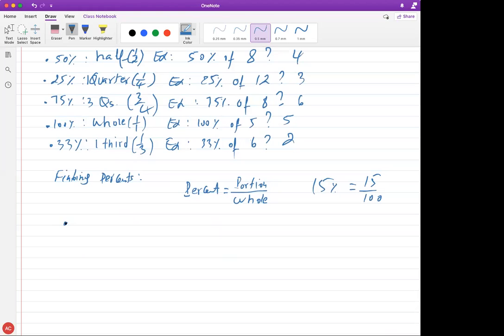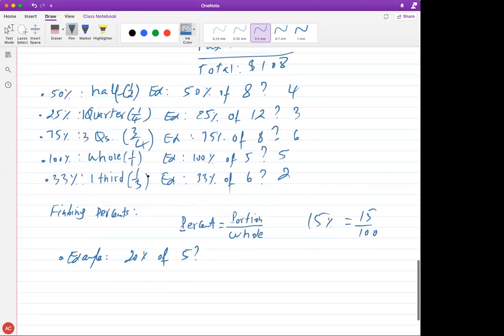For example, let's say, what is 20% of 5? You might not be able to do it as easily as these.